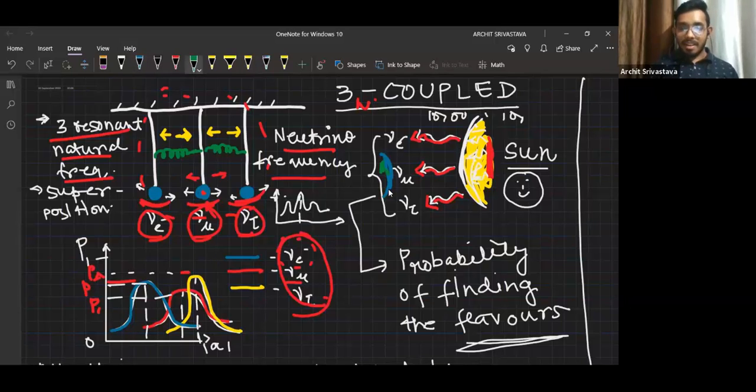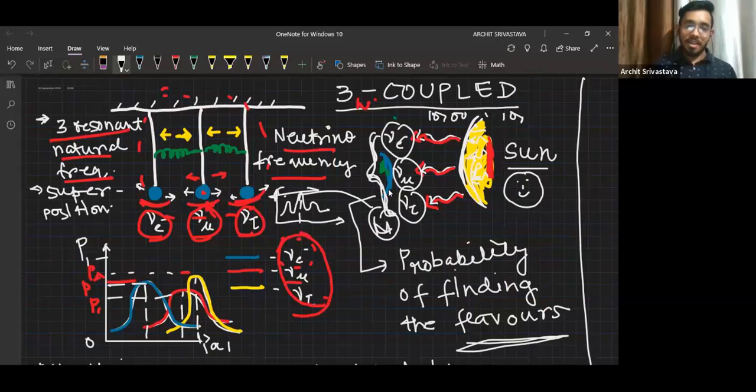Once they arrive on Earth, scientists try to find the probabilities of getting these neutrinos, and they do this in huge laboratories. The same analogy holds in this kind of setup.